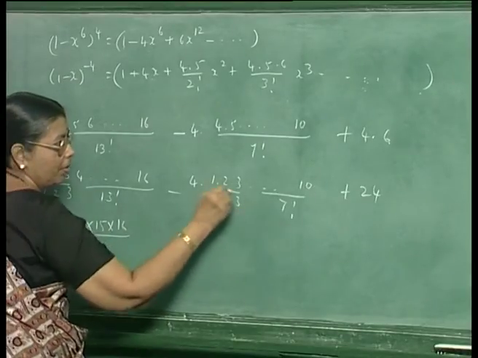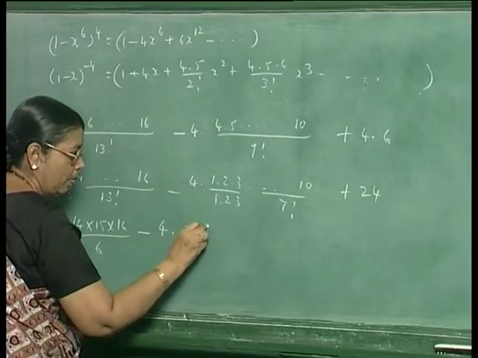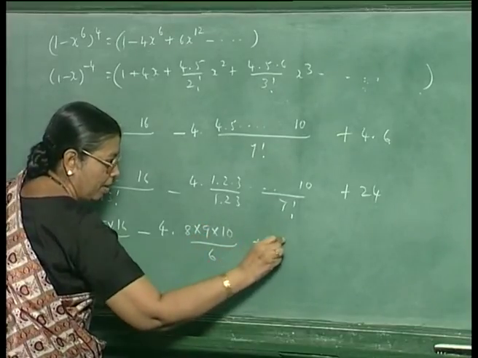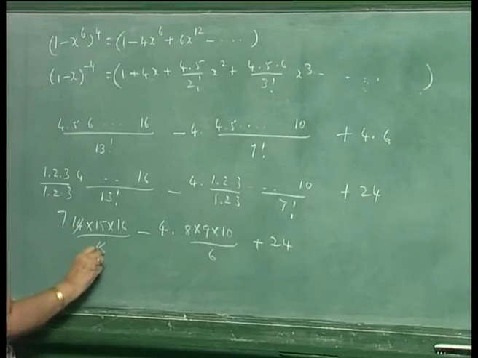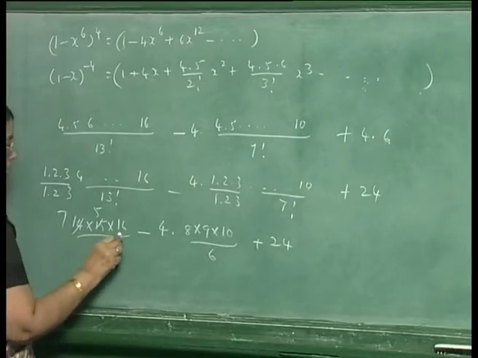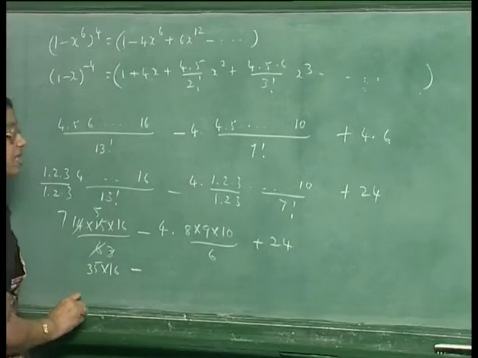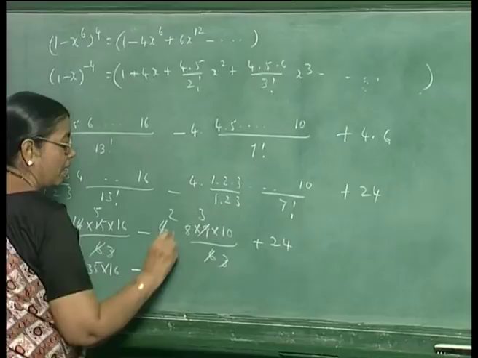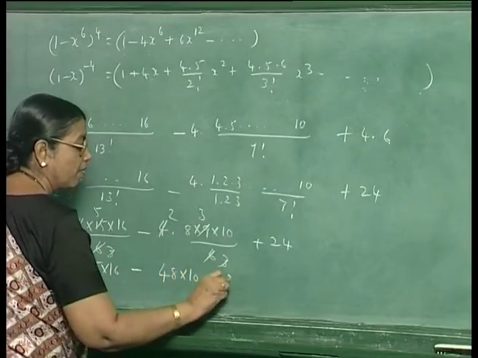Here again up to 7 you can cancel off. So, this will give rise to 4 into 8 into 9 into 10 by 6 plus 24, and this is 35 into 16 minus 48 into 10 plus 24.